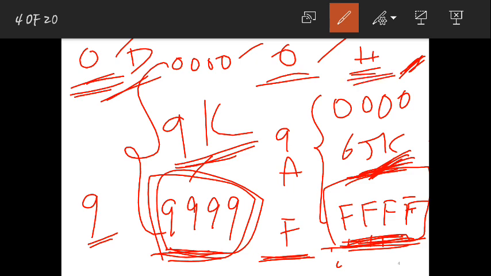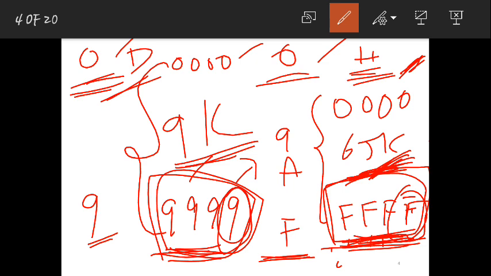Coming to hexadecimal, by taking the same memory size, there is no difference. To store this 9 it will take 8 bits, because whatever the user is giving in, it is stored in machine language, right? That is nothing but zeros and ones. So this is stored in 8 bits, 1 byte. This F is also stored in the same way.